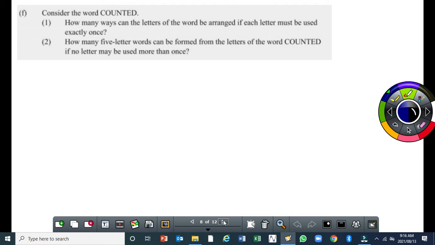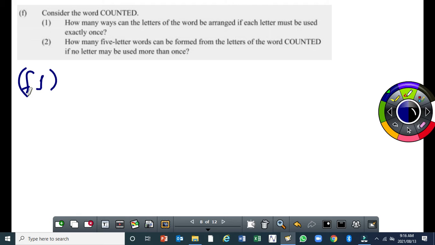Then let's do this one. The question says, consider the word counted. How many ways can the letters of the word be arranged if each letter must be used exactly once? If each letter must be used only once, it means no repetition is allowed.